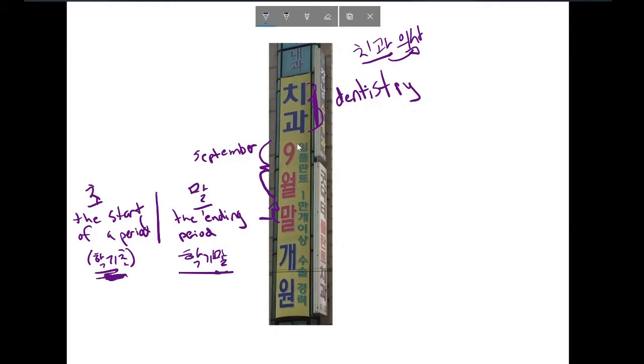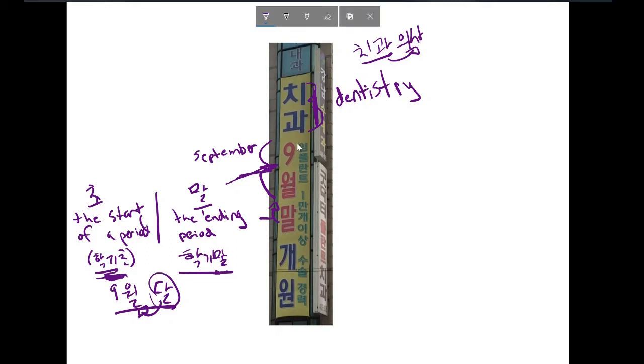Another word that's similar to these, and this one is specifically referring to months. We couldn't use this for just random time periods, but you could also say 달. For example, if you said 9월 달, what that would mean is some particular ambiguous time in September.